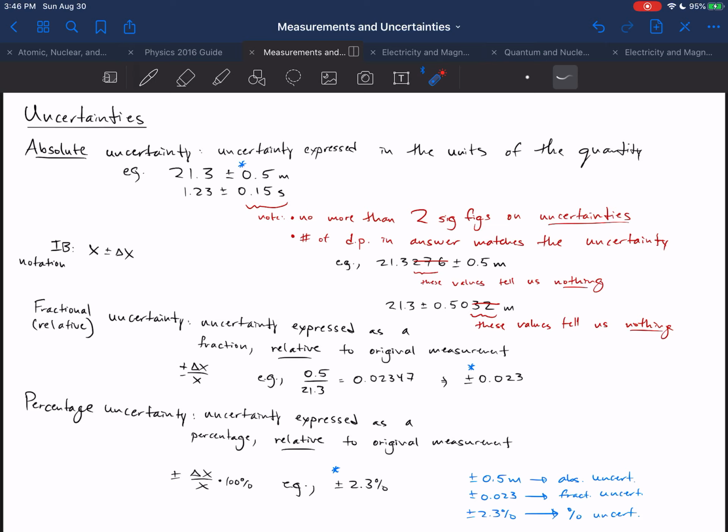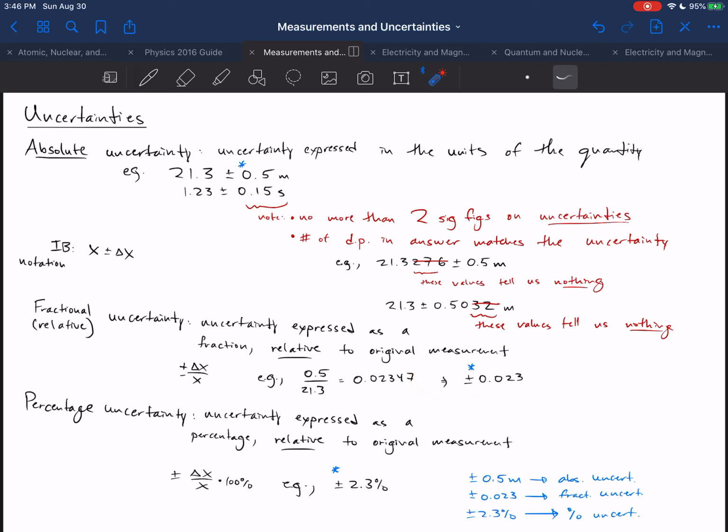Notice that a fractional uncertainty, because it is measuring the uncertainty in the units of the measurement divided by the measurement itself, also in its own units, is unitless. So a fractional uncertainty, unlike the absolute uncertainty, is a unitless quantity.